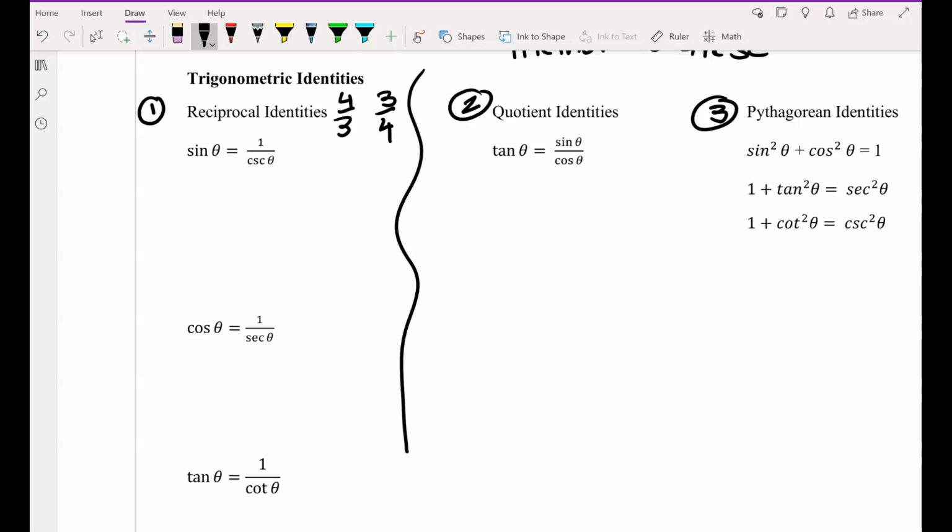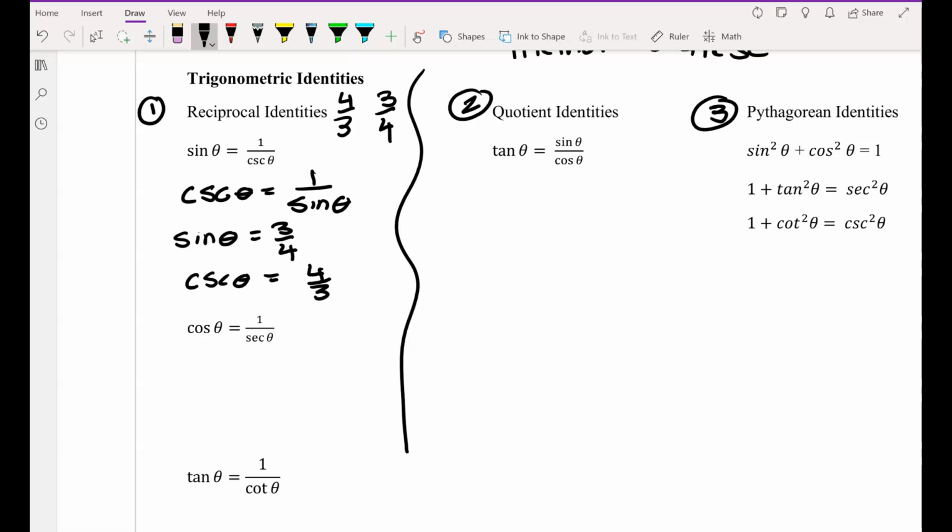And that also implies that the cosecant of theta is 1 over sine of theta. So if I gave you, let's say, sine of theta is 3/4, and I said to you, what's the cosecant of theta? You would just flip that 3/4 over and give me 4/3.